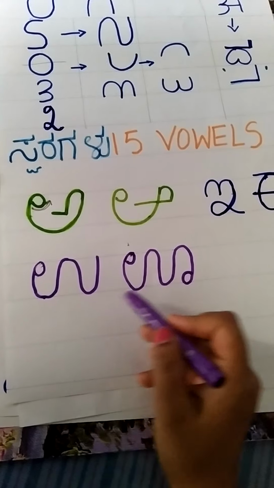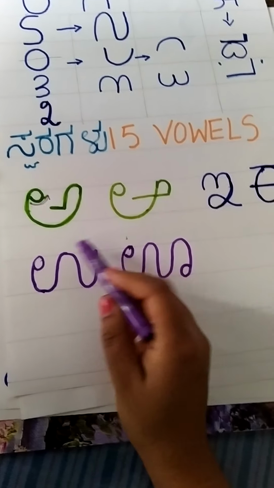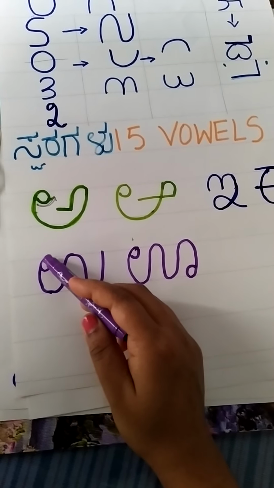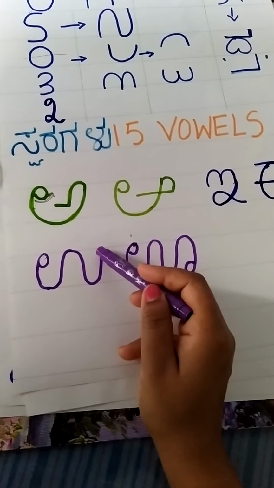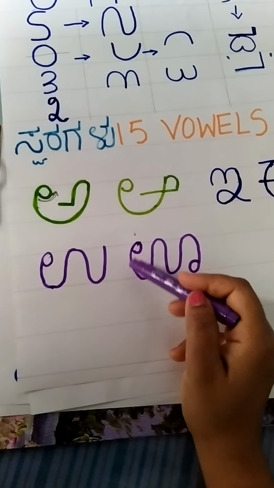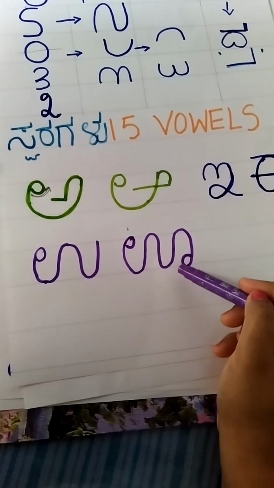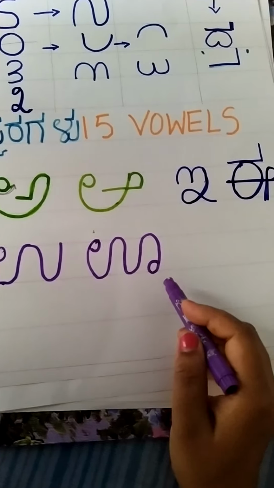So this is Oo. The only difference is you start from the top and again end it at the top. Here you start from the top, but you end it at the bottom. So this is U, Oo.